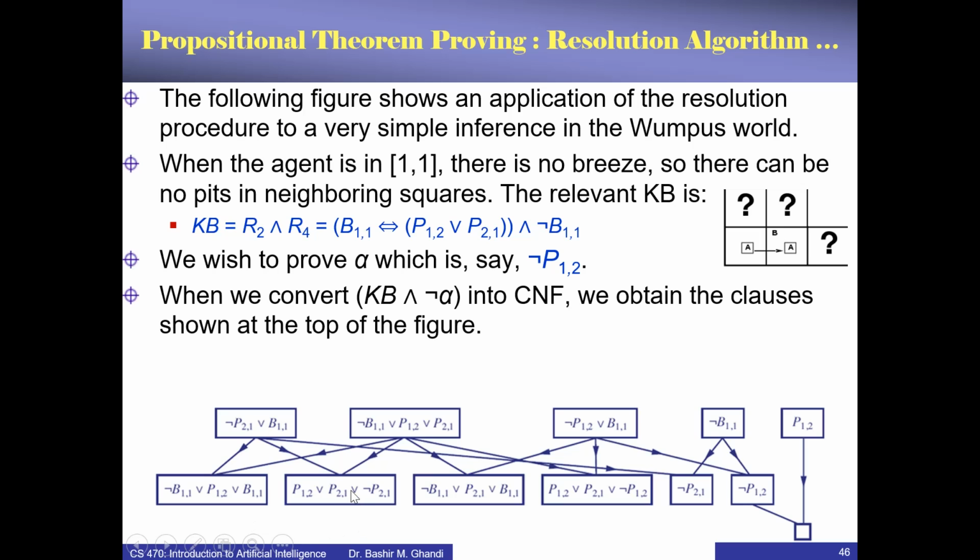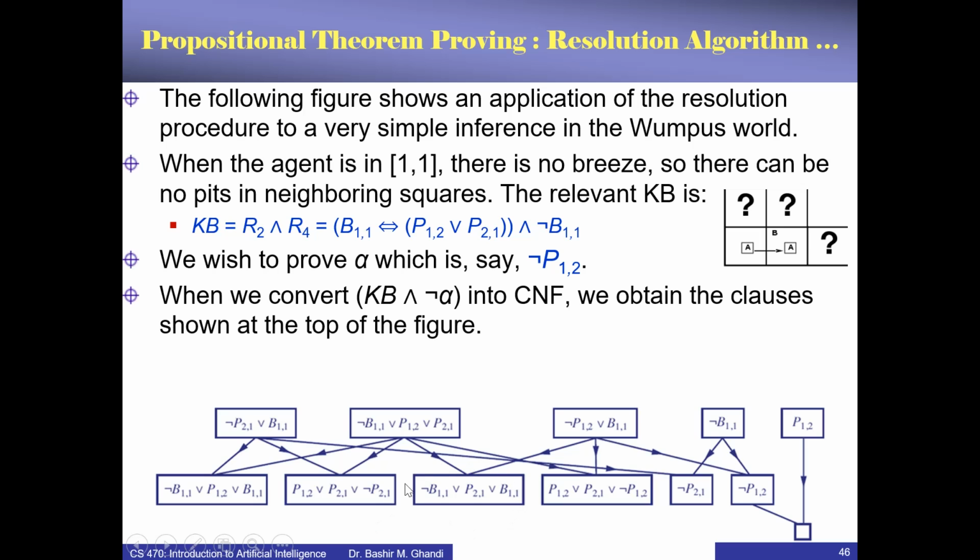Okay, similarly, if instead of looking at not P21 and P21, suppose we look at B11 and not B11. So those can also resolve and give you a P12 or P21 or not P21.